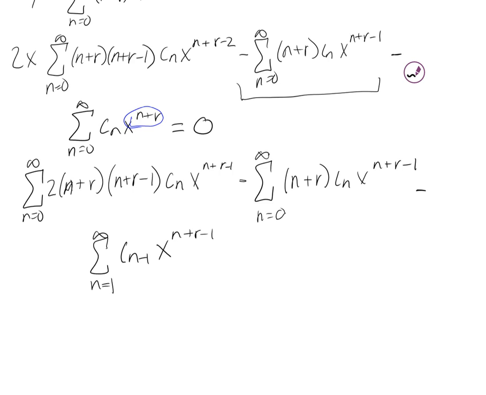It has to be n equals 1 because if we plug in 0 here, it would be c sub negative 1, which we can't have, so we have to start at 1, so 1 minus 1 is 0, so then we get c naught. And this whole thing equals 0.